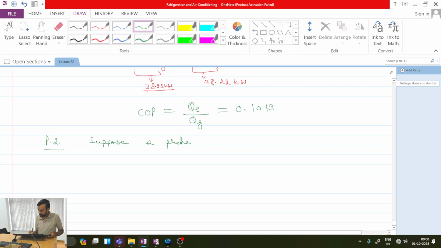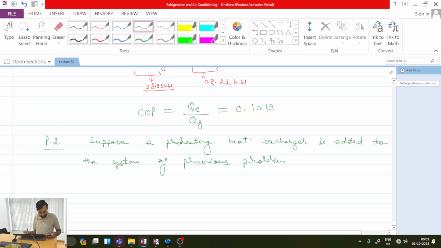Suppose a preheating heat exchanger is added to the system of the previous problem such that the strong solution leaves it at 40 degrees Celsius.